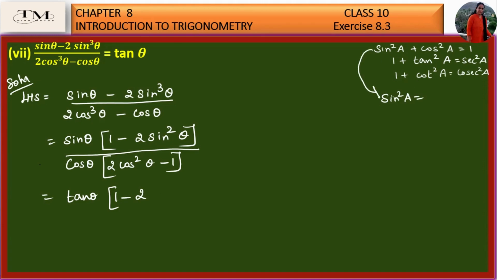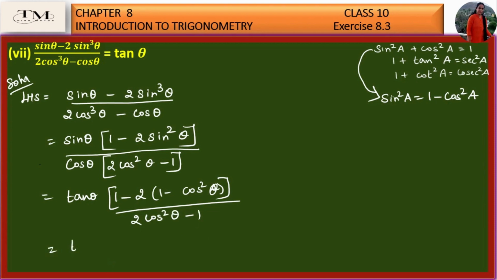From the first identity, sin square A equals 1 minus cos square A. So instead of writing sin square, I am going to write 1 minus cos square theta, divided by 2 cos square theta minus 1, equal to tan theta.